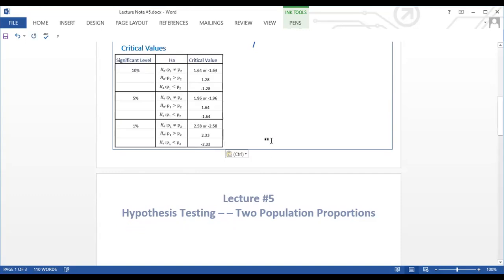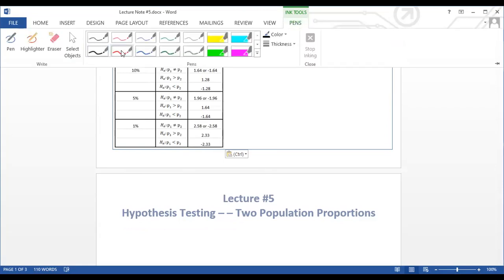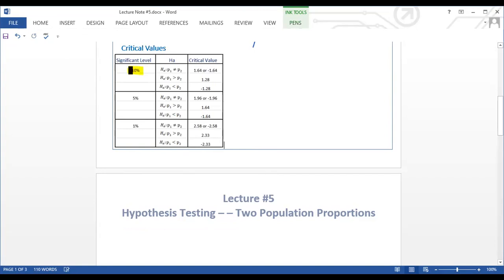So here is our critical value. As you can see for 10%, if your significance level is 10%, you will have the three different alternatives, so it will be 1.64, 1.28, negative 1.28.